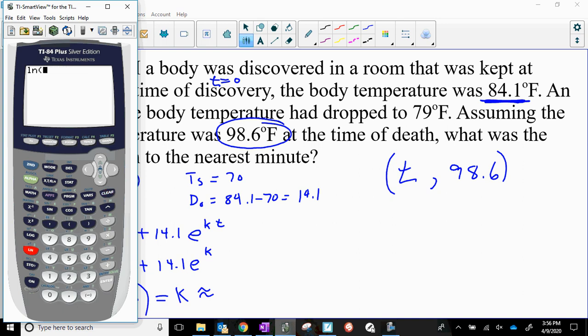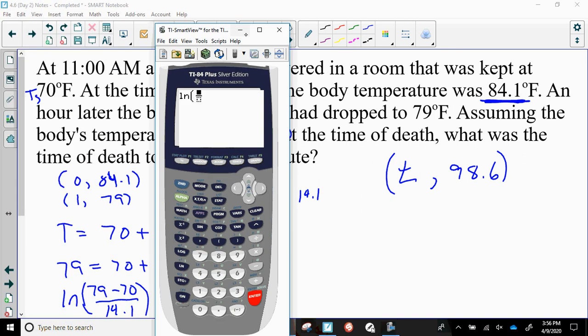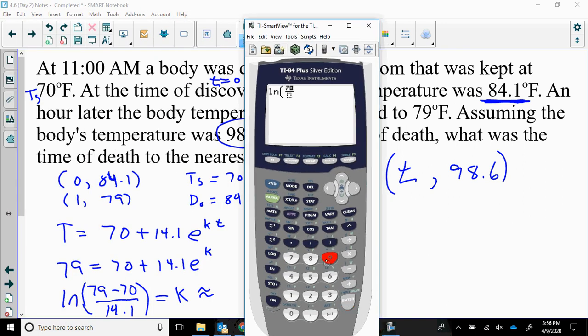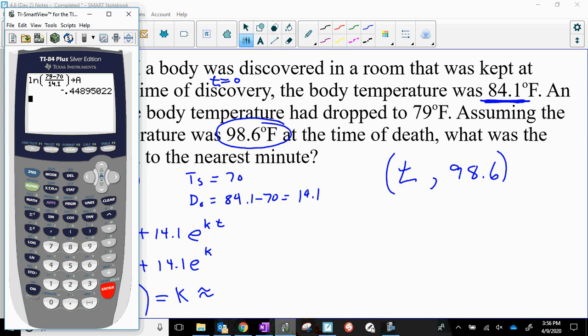So we had the natural log of 79 minus room temperature, over the difference. I'm going to go ahead and store that in A. So there's my k value.